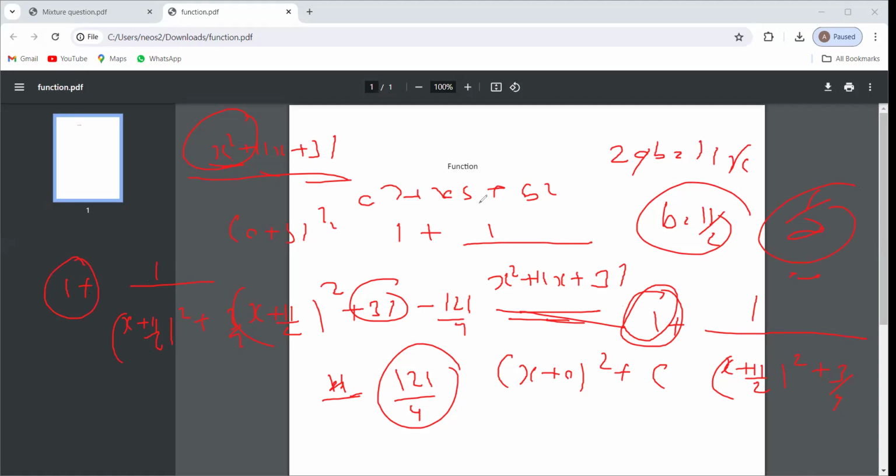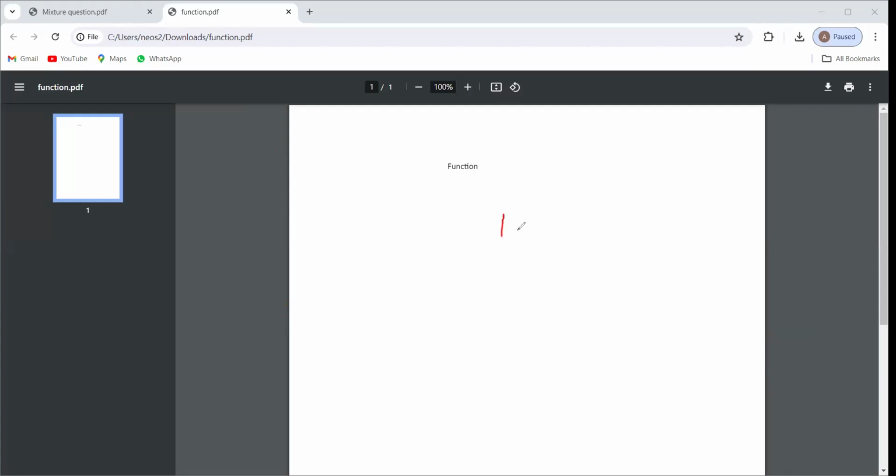Let's talk about the maximum value. If I need to find the maximum value, when will it be maximum? When this will be 0.